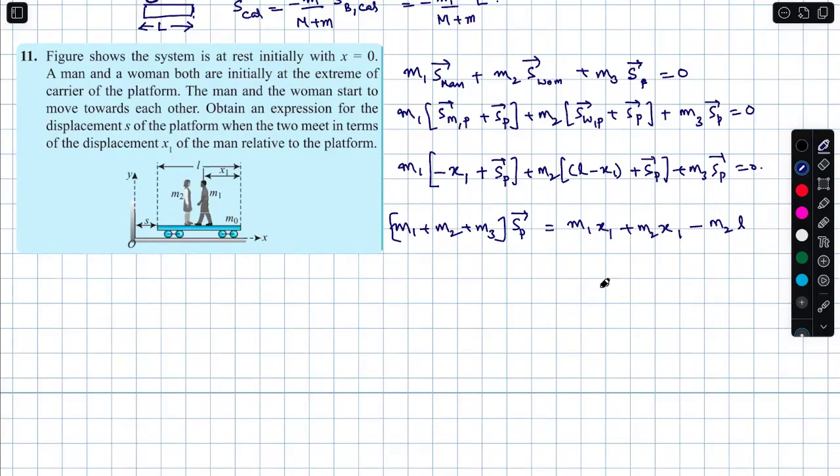So what is the answer for this? Displacement of the plank is M1 x1 plus M2 times x1 minus L, whichever way you like, by M1 plus M2 plus M3.